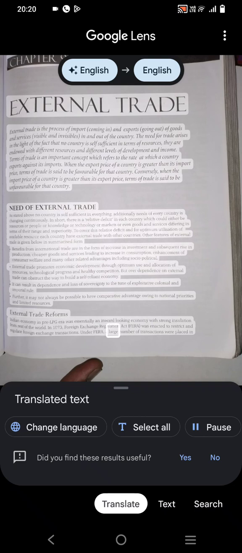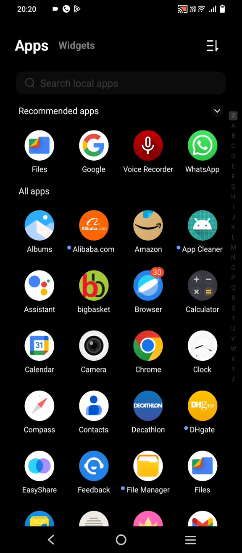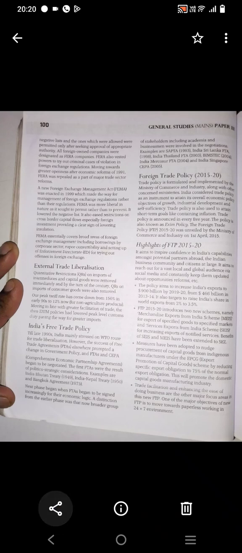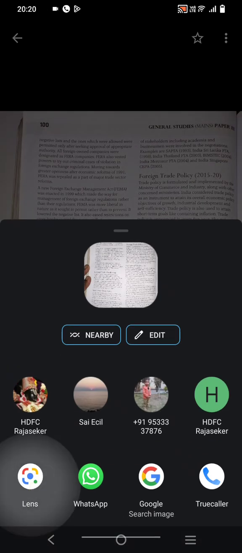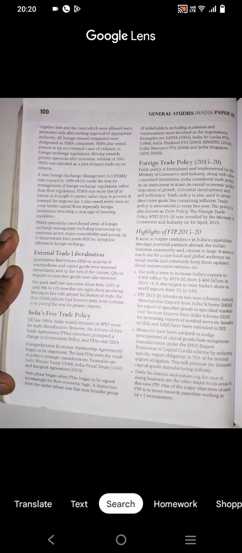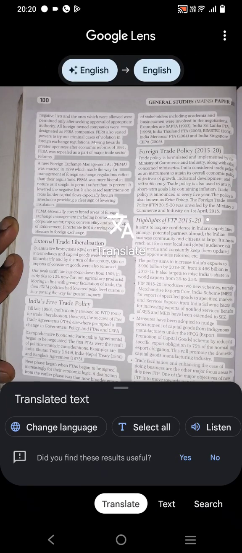Under FERA, a large number of transactions were placed in negative lists, and the ones which were allowed were permitted only after seeking approval of the appropriate authority.